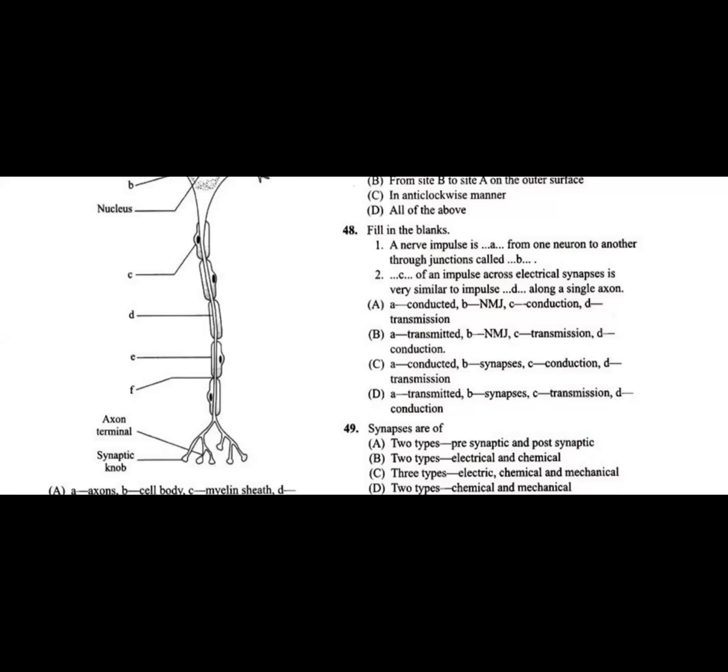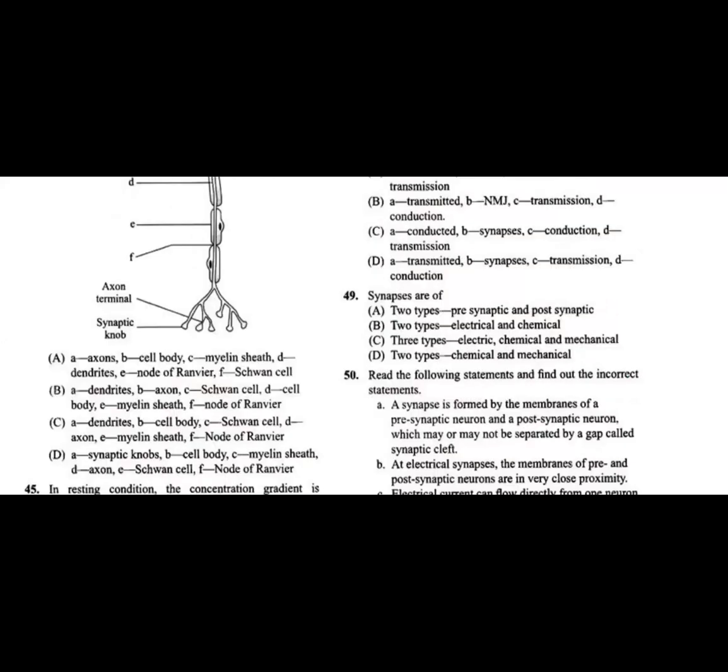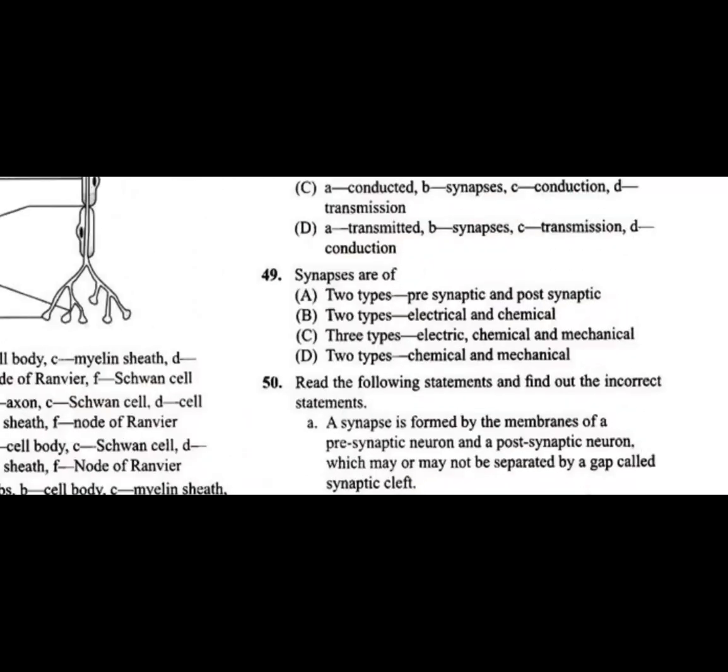That's why statement 2 reads: transmission of an impulse across electrical synapses is very similar to impulse transmission along a single axon. So question number 48, the answer is D, students. Now question number 49: synapses are of two types. As I said just now, there are two types of synapses.